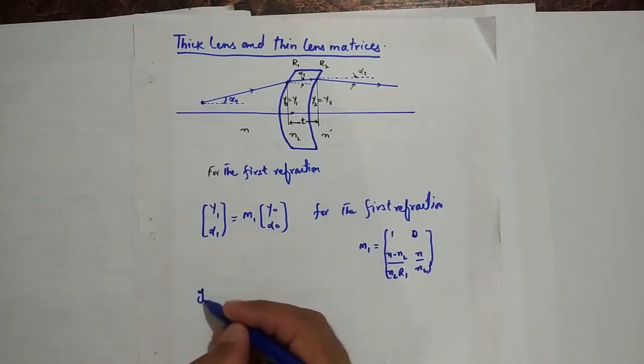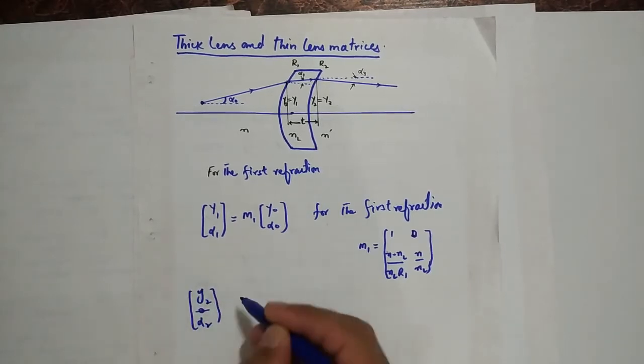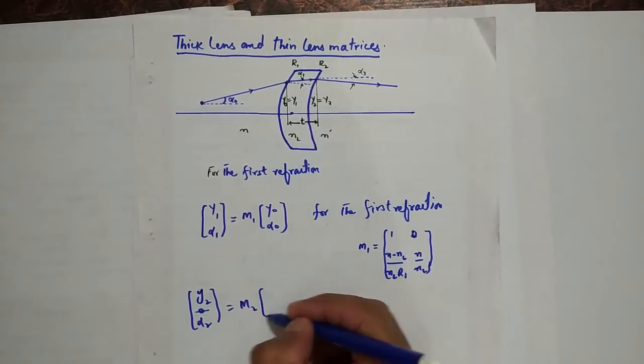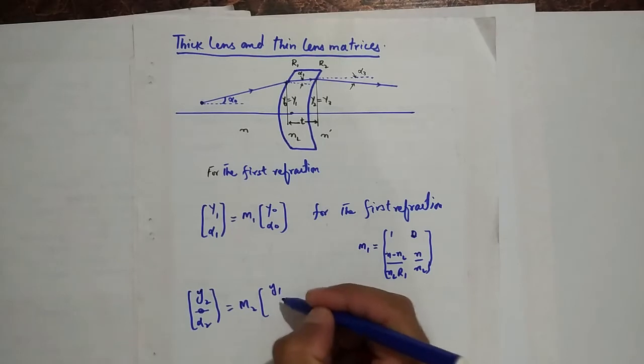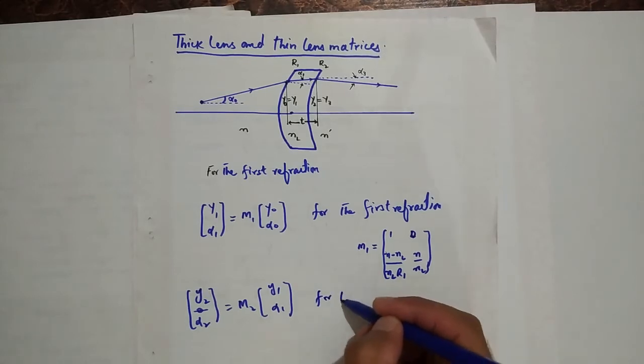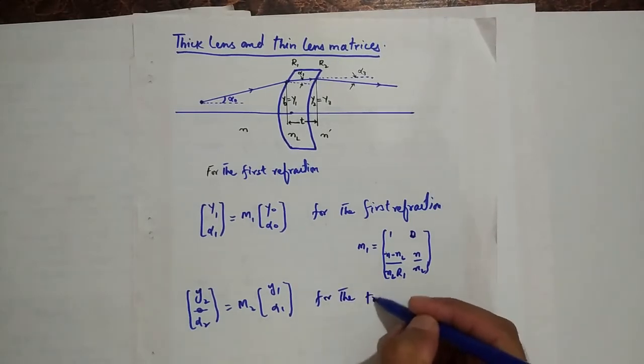Therefore y2 alpha 2 will be equal to M2 times y1 alpha 1. This is for the translation.